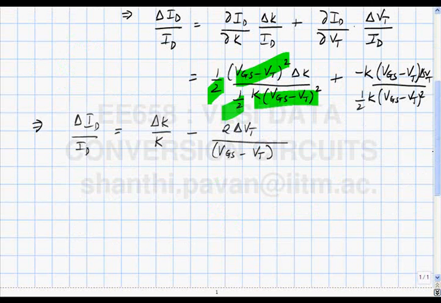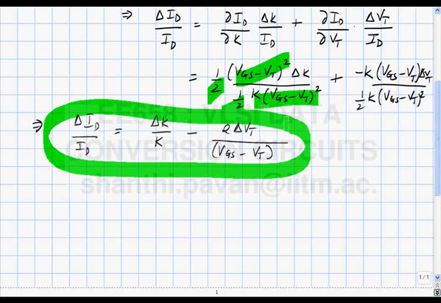So this equation quantifies the fractional change in the drain current for a change in K and a change in Vt.